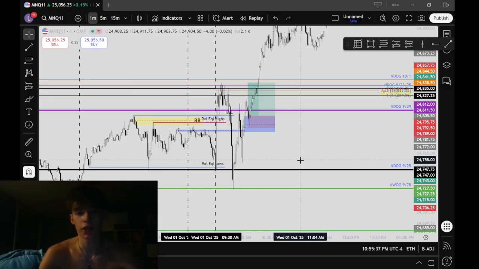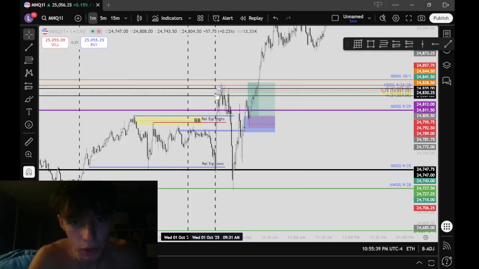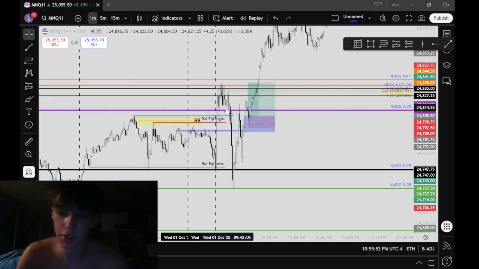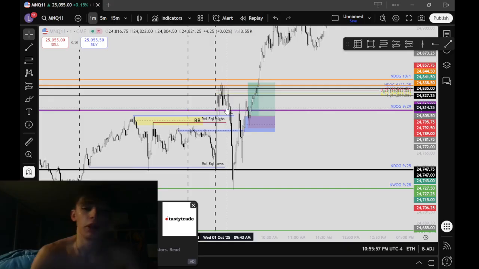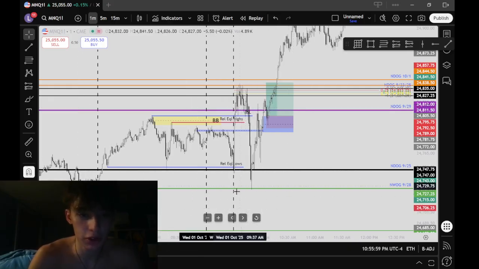I actually was gonna take this trade, this move down on NASDAQ, because I saw this manipulation up, but I couldn't because I was in school and I was moving classes and I didn't get a chance to. So I knew I had to improvise here. Let's just break it down.